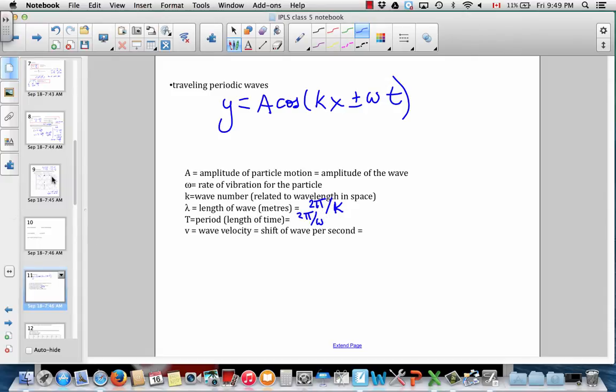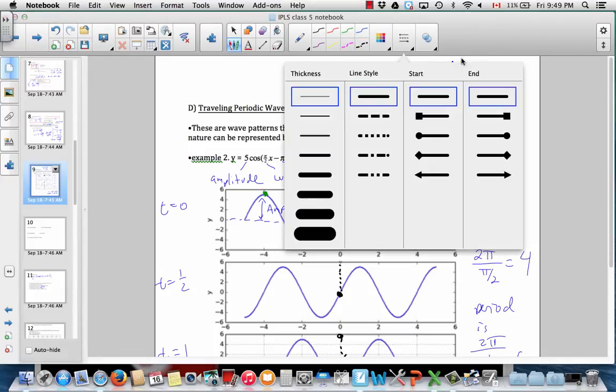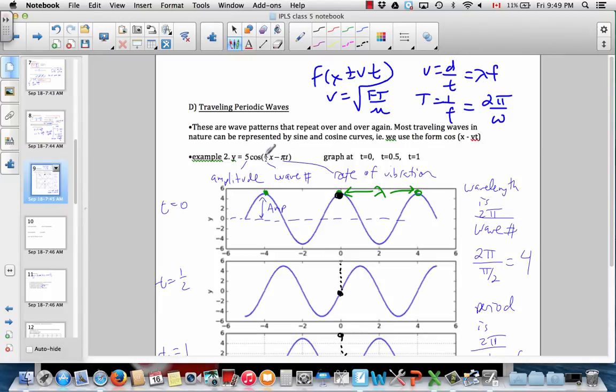Now, what we didn't do with this functional form earlier is put it in the form f of x minus vt. In order to do that, you need to factor out that pi over 2. So pulling out the pi over 2, this is just going to give us x, and this is going to be pi divided by pi over 2.